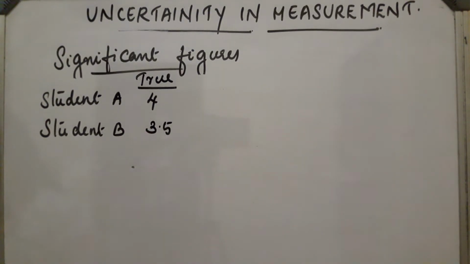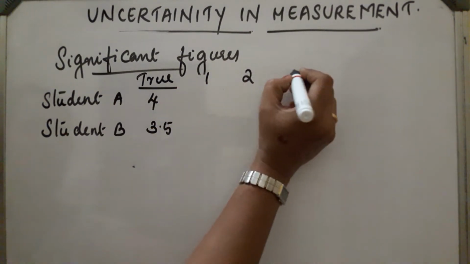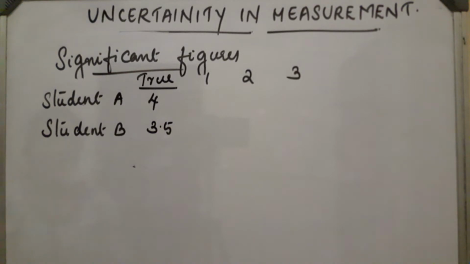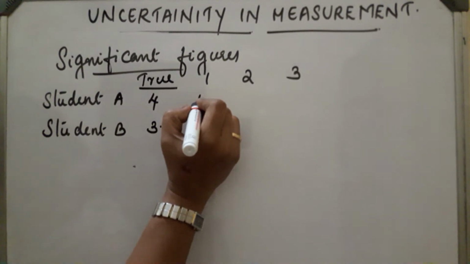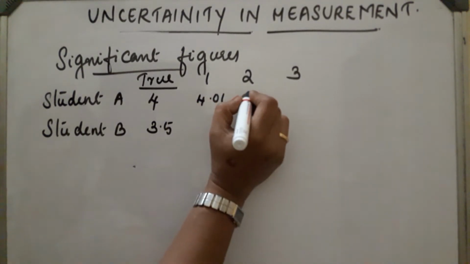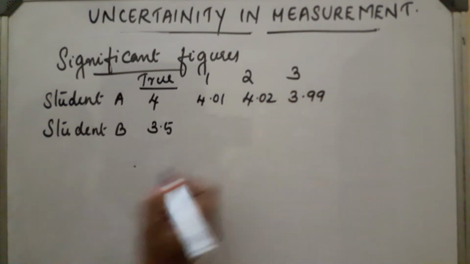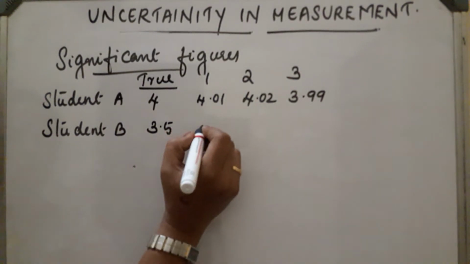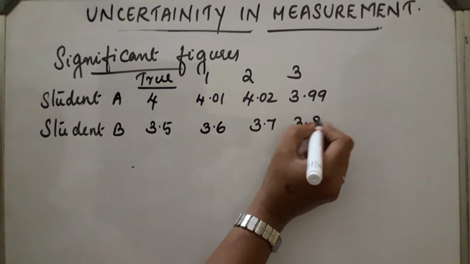They did the experiment three times. Student A got the values 4.01, 4.02 and 3.99. Student B got the values 3.6, 3.7 and 3.8.